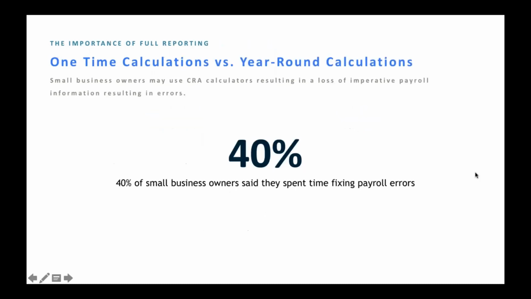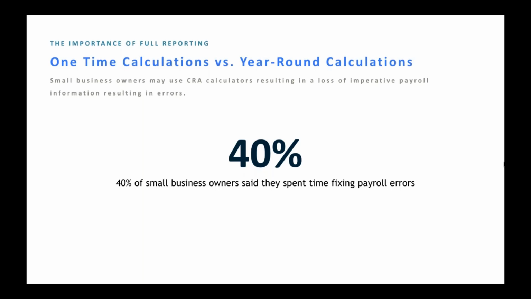Our next big common payroll error is the importance of understanding full reporting. So a lot of small business owners will use the CRA calculator. It's a great tool to get an idea about how much you want to pay your employees.